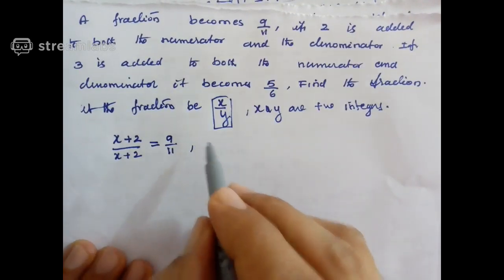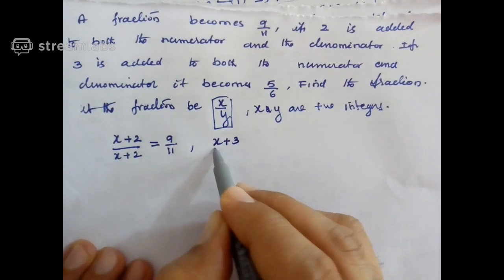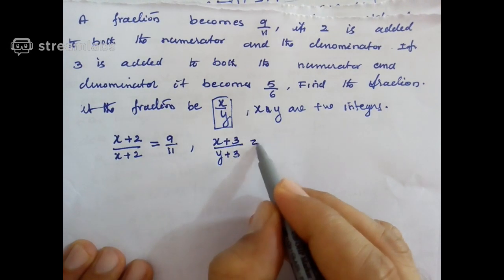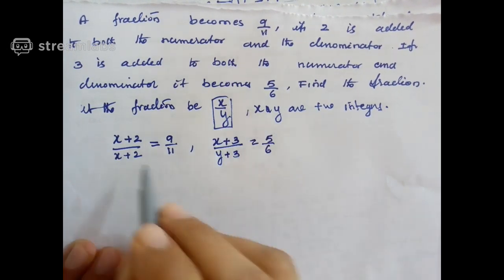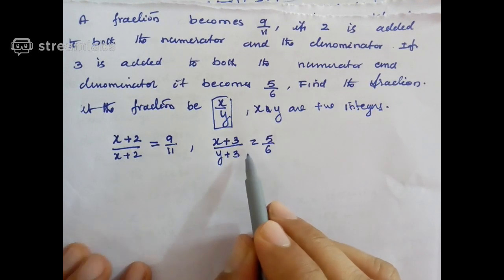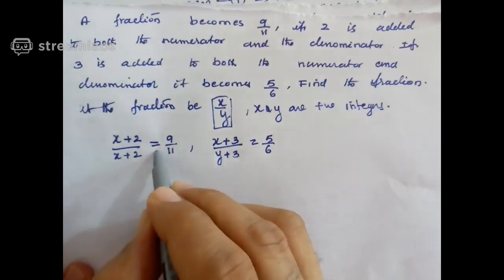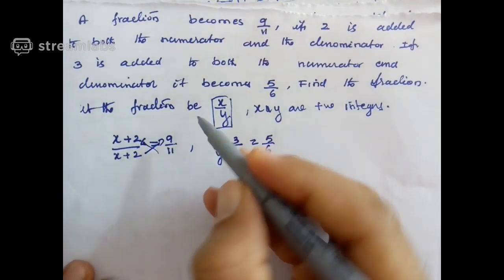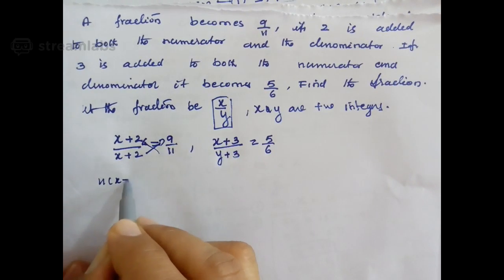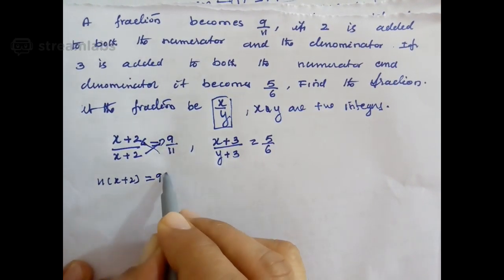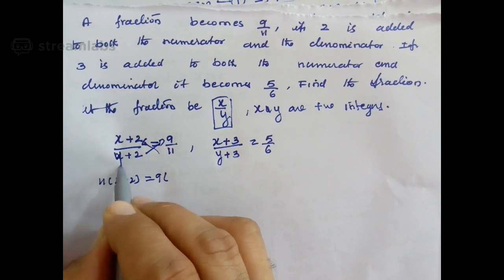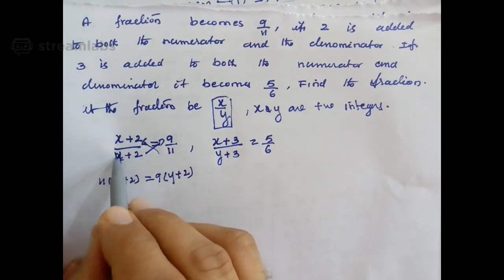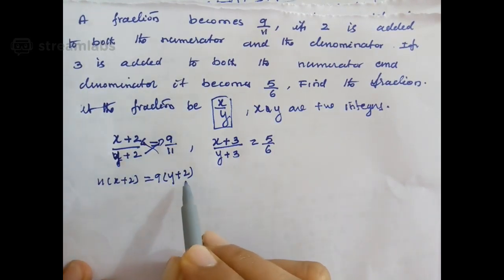And in the second condition, if 3 is added to the numerator and if 3 is added to the denominator, the fraction becomes 5 by 6. From these two, frame linear equations in two variables. Cross multiply. 11 into x plus 2 is equal to 9 into y plus 2.